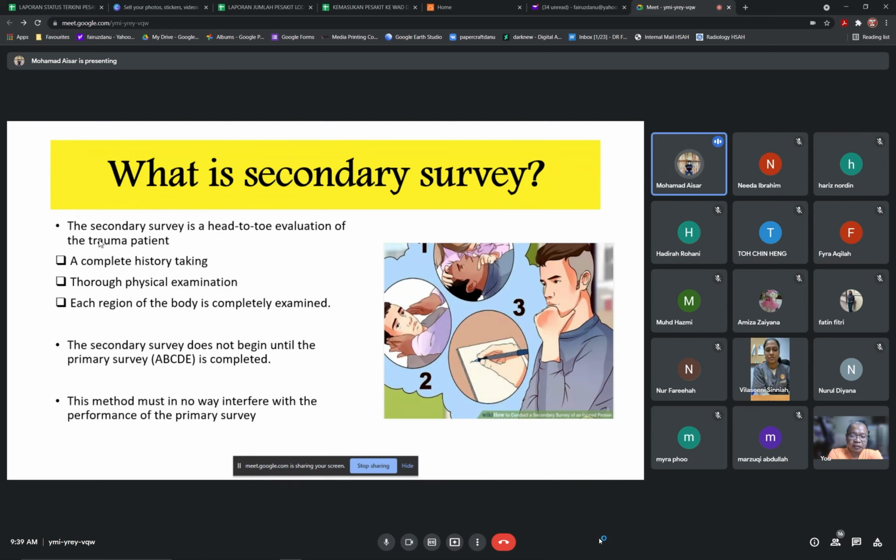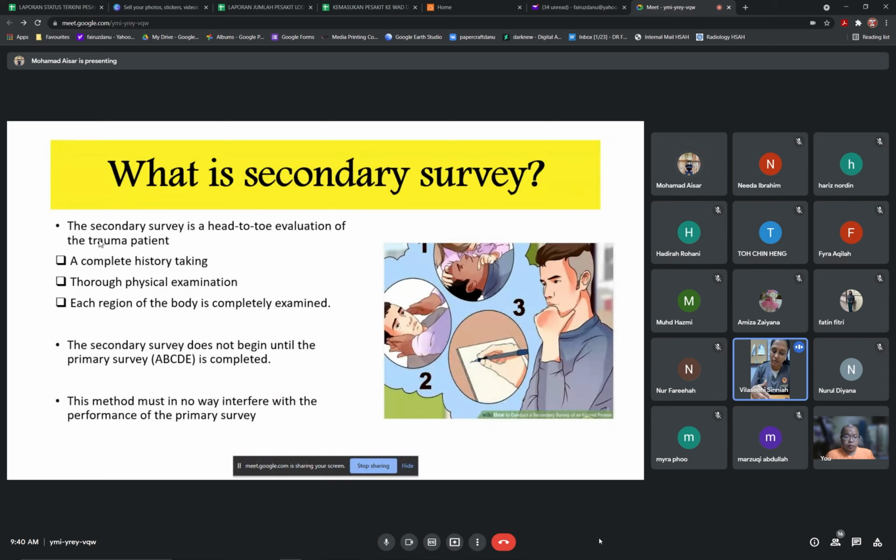Bila kita jumpa something macam, jawapan je dah ada kat sana. Vital. We dah buat dah primary survey. When you noted there is compromise of the vital signs.